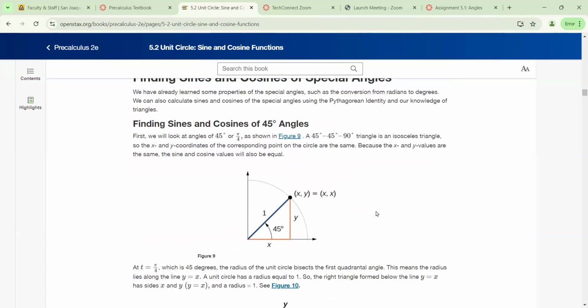So if we are using sine 45, do you guys remember or know the SOHCAHTOA identities? I'm writing the word SOHCAHTOA. Do you know that? Are you guys familiar with SOHCAHTOA identities?